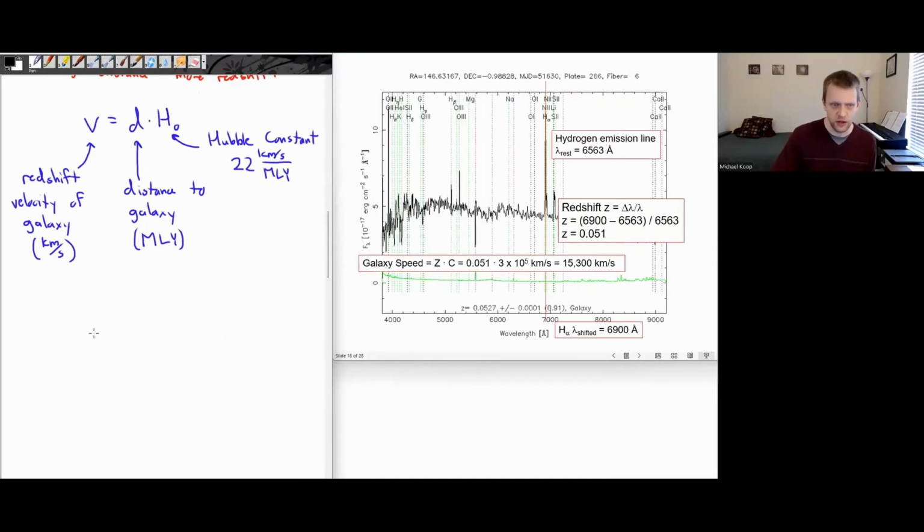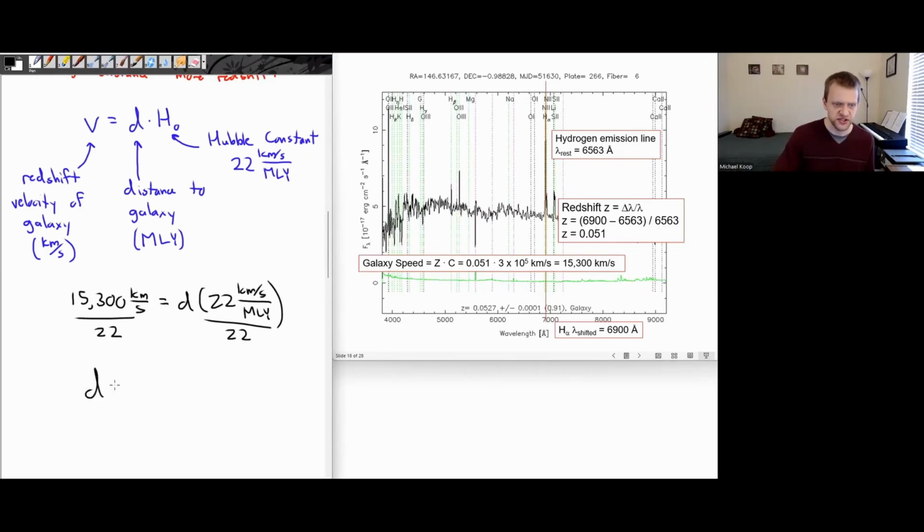So our velocity is 15,300 kilometers per second. And that's the distance times the Hubble constant of 22 kilometers per second per million light years. And we're dividing both sides by that 22 value.